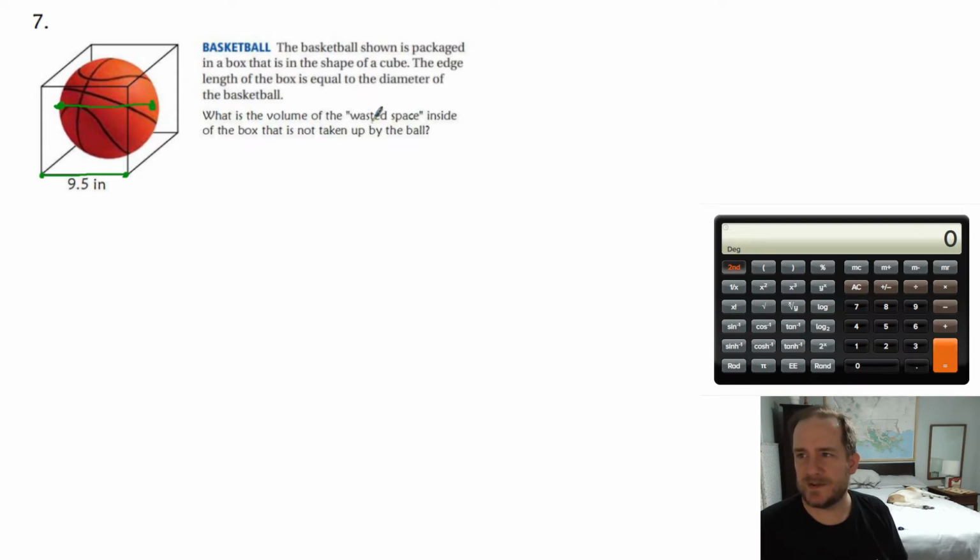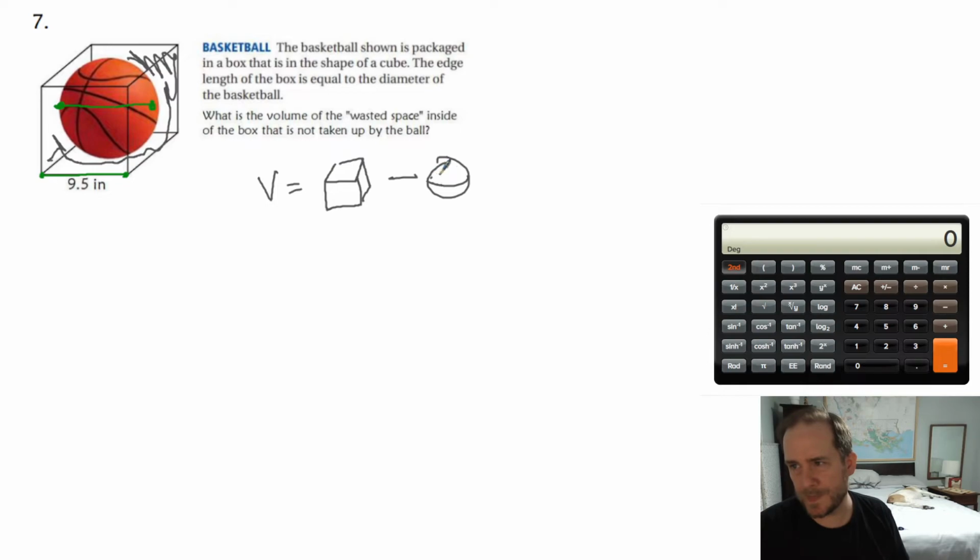So now it says, what is the volume of the wasted space inside the box that is not taken up by the ball? So that means we're looking for basically all this empty airspace around the ball, but inside the box. So it seems to me that I'm looking for a volume problem where I need to do the volume of the whole box and then subtract from that the volume of the sphere.